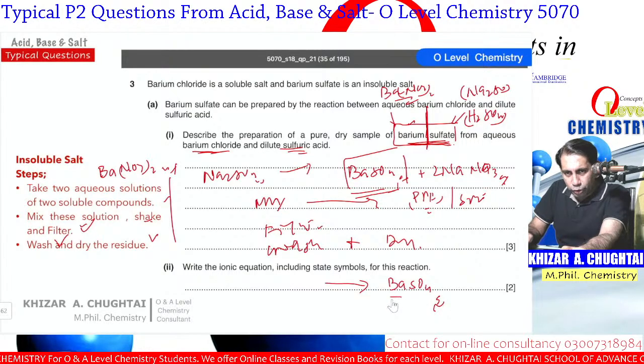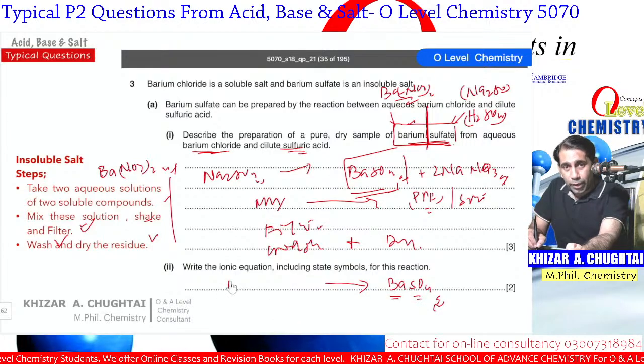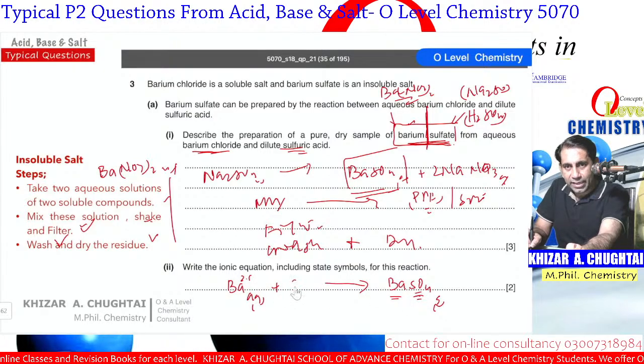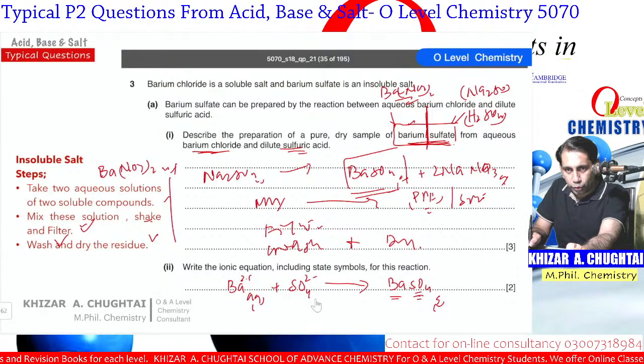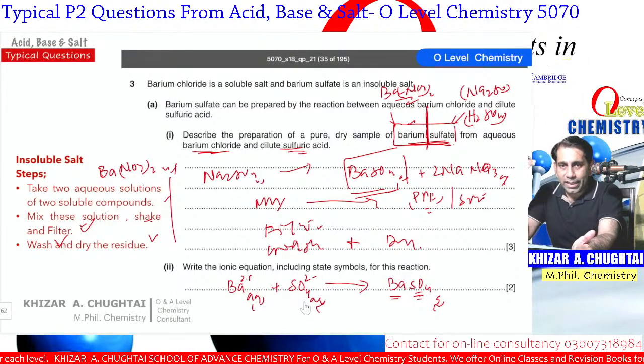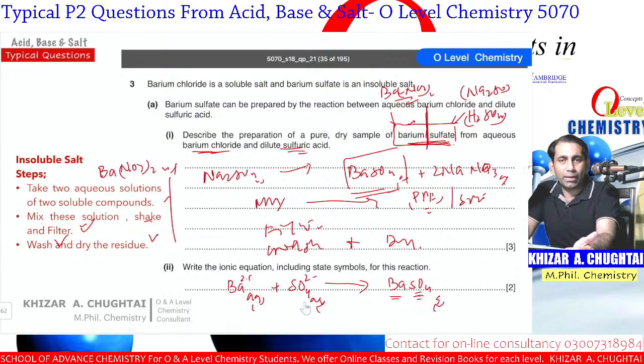It is going to be made from two ions, one is the barium ion, the second one is the sulfate ion. So I'm going to write the barium ion, Ba2+ aqueous, plus the negative ion, SO4 2-, aqueous. The equation is balanced and state symbols are over here. Barium 2+ ions react with SO4 2- ions to make barium sulfate.